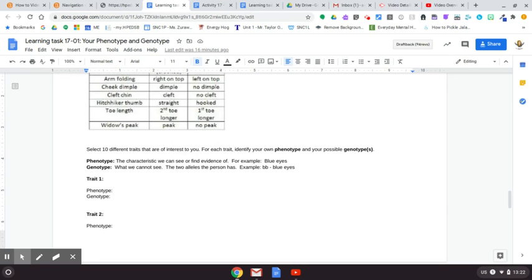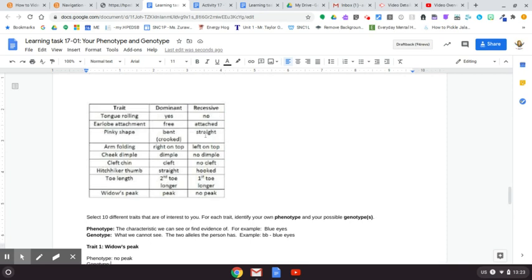So I'm just going to do widow's peak because it's the closest here. I'm looking at my own widow's peak. So my phenotype, if you looked at Miss Allison in the mirror, I don't think I have a widow's peak. I'm pretty sure I don't, so I'm going to put in no peak. And then genotype, what would it be?